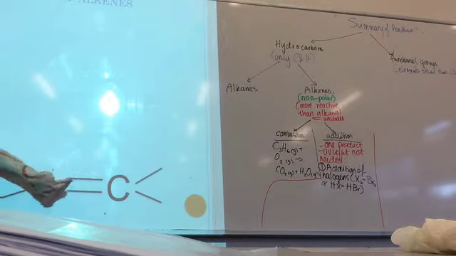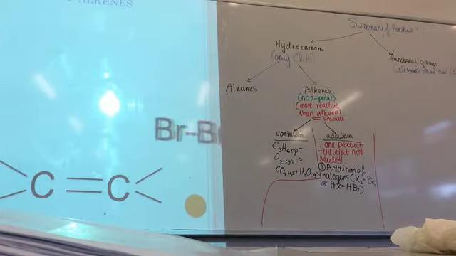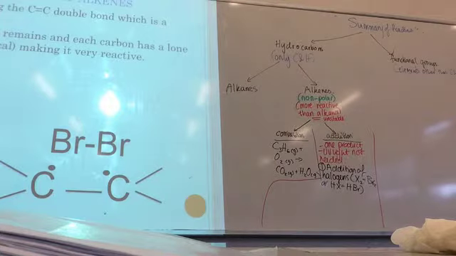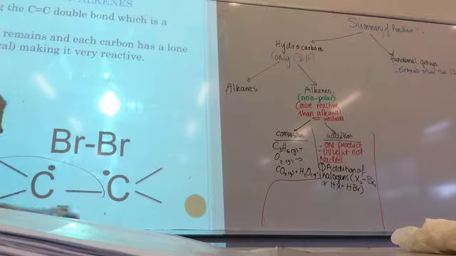The other bond, if that breaks, how many electrons have you got in there? 2. One electron goes here, the other one goes there. So let's say we've got bromine nearby. The bond breaks and you get 1 electron here and 1 electron here. Now, how many electrons are around each carbon atom? Count. 1, 2, 3, 4, 5, 6, 7.